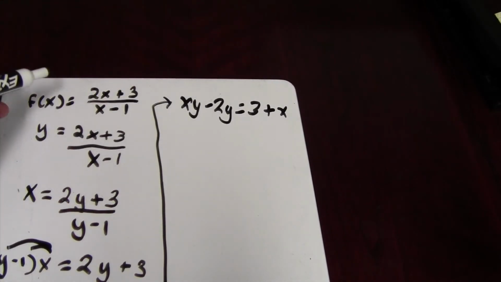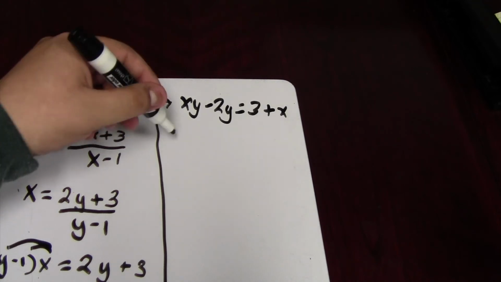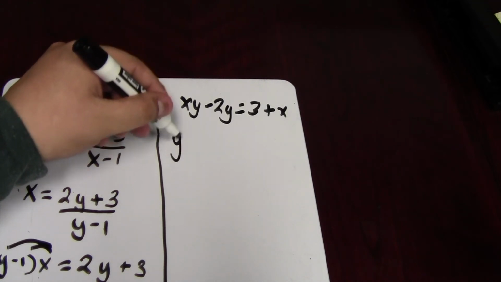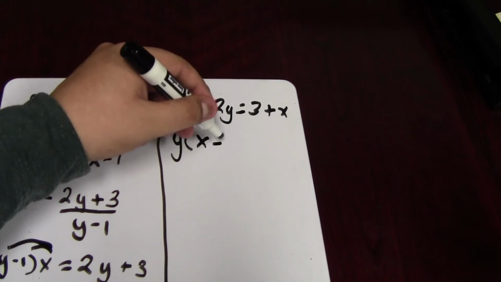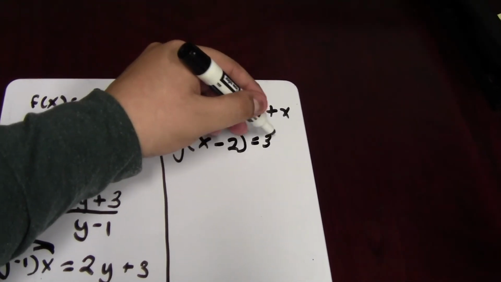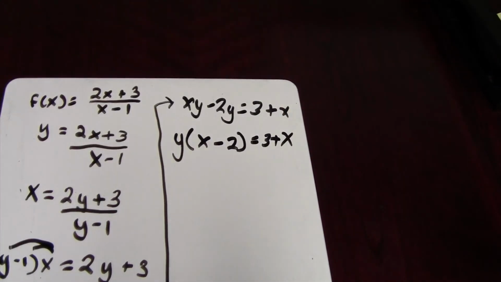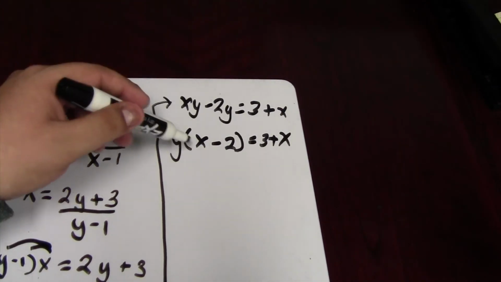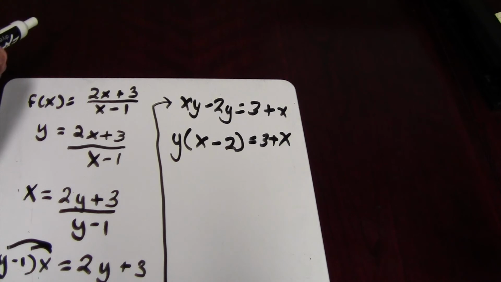Now what we want to do is factor out the y here. So let's factor that y out. Now that we have this y factored out, we're left with y times x minus 2 is equal to 3 plus x. So we're just factoring the y out here.